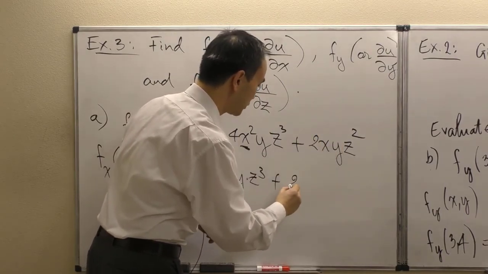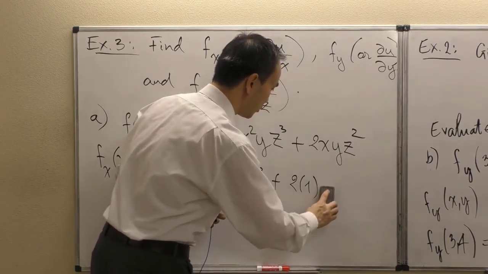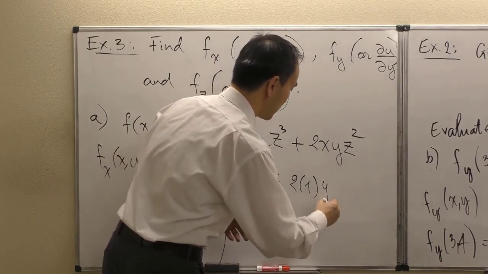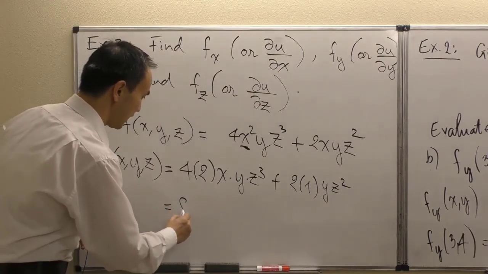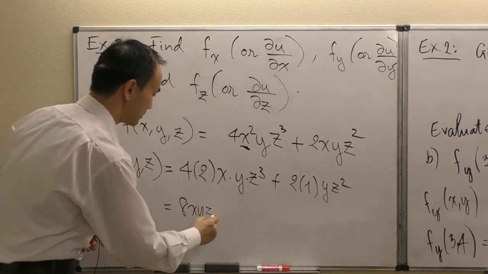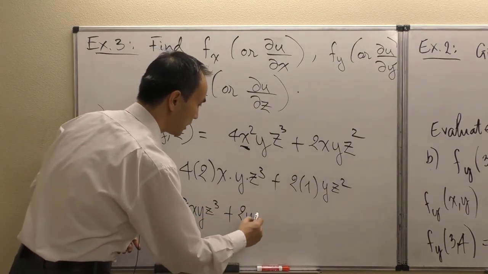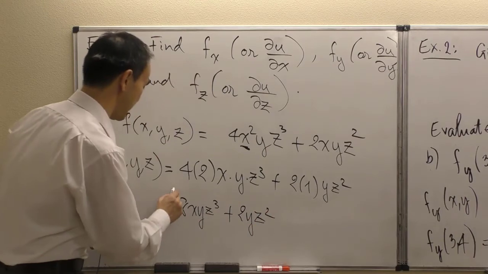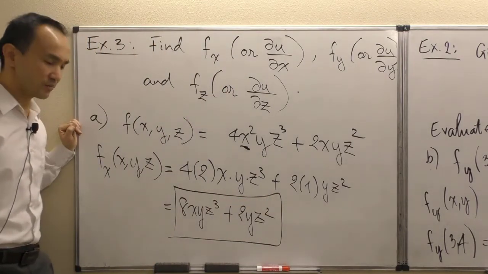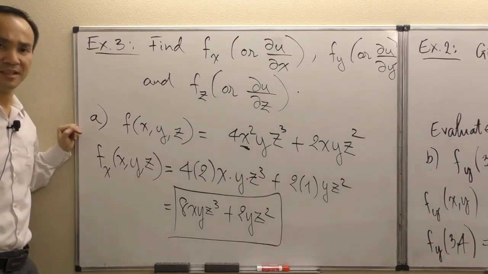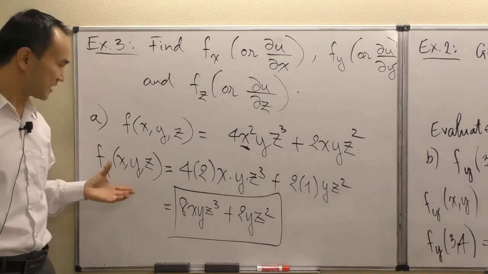So it's 2 as coefficient times 1 times x, and we don't need the x anymore, and then times y times z squared. So my final answer here comes out being 8xy z cubed plus 2y z squared, and that's how we're done with the partial derivative in terms of x.